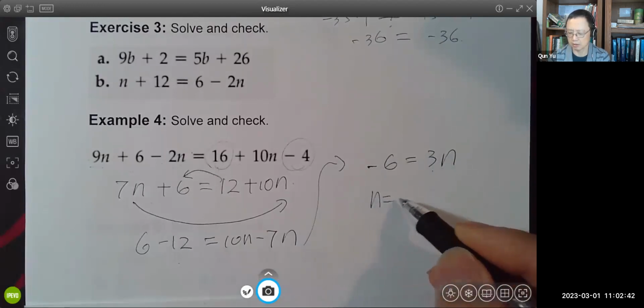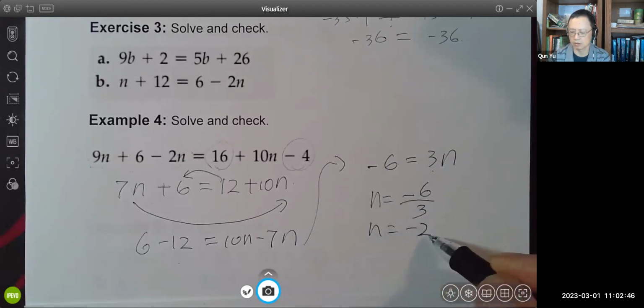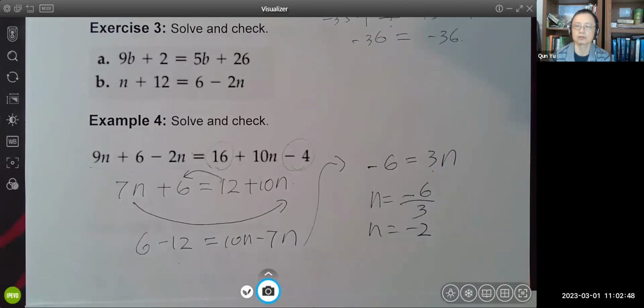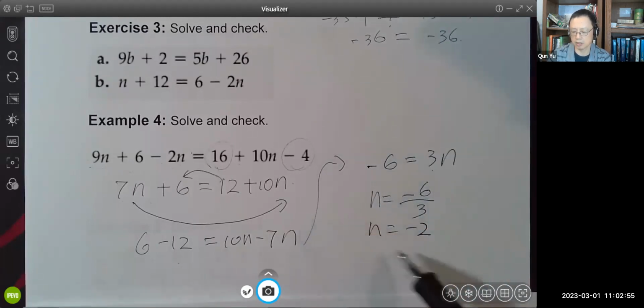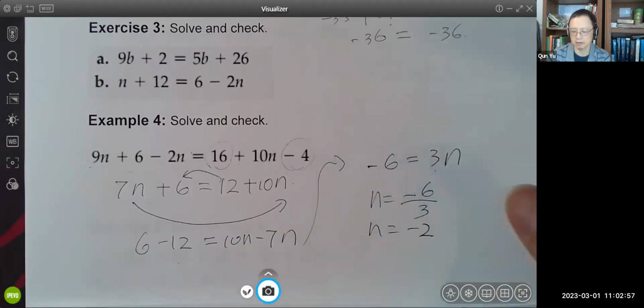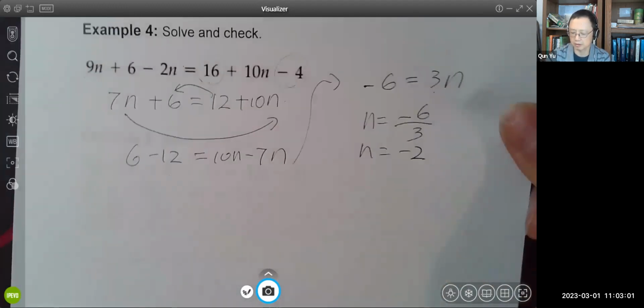So n equals -6 divided by 3, that is -2. So -2 is the answer. And let's move on without checking. As long as our calculation is right, the answer will be right. This is still considered to be a very simple equation.